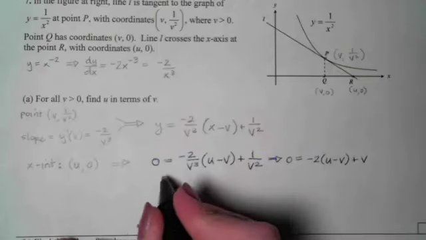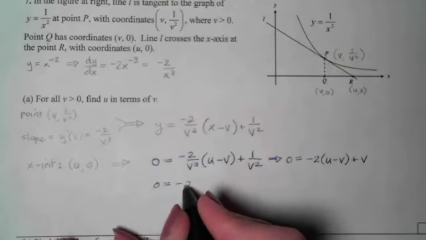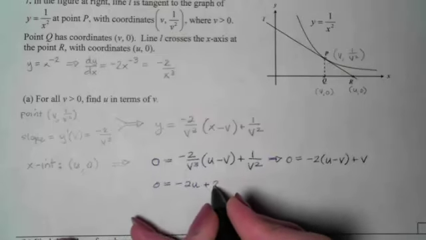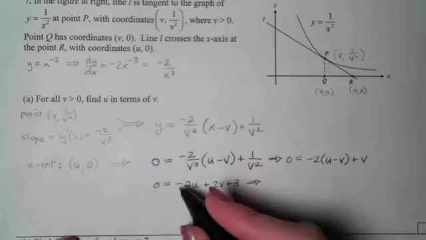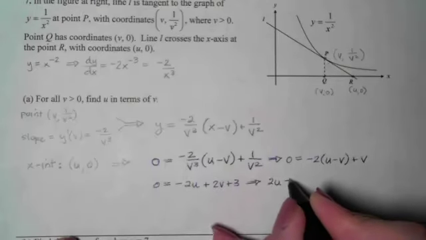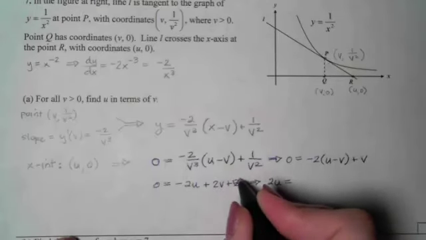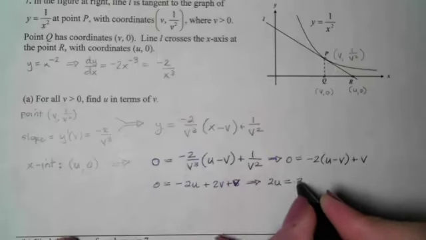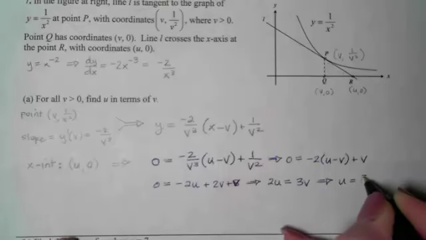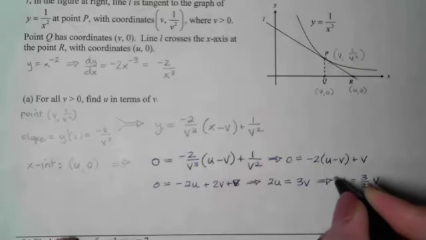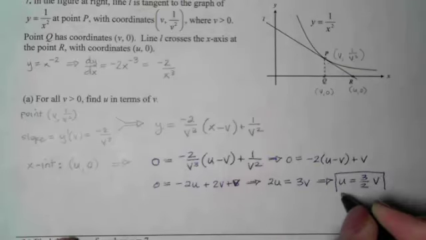Now that we're here, we can distribute that negative 2 through. We can combine our like terms and pull the 2u to the other side. Oops, that's a v, not a 3. And then we can divide by 2. So we have now found a relationship between u and v.